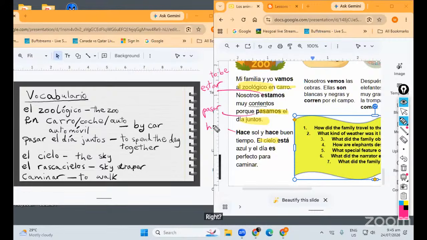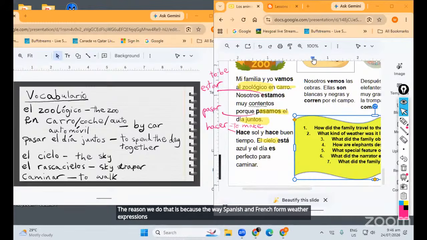Hacer is really from hacer, which means to make. Have you ever heard someone say it making real hot boy or it making cool today? Ever? As a way to describe the weather? In the Caribbean, in Trinidad? The reason we do that is because the way Spanish and French form weather expressions is with hacer, to make.